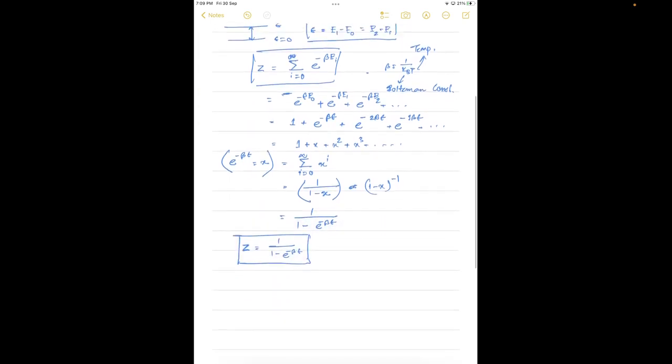To solve this question, you just have to remember the algebraic expression corresponding to this infinite series, which is 1 plus x plus x square plus x cube, and it goes on like this; the sum over i equal to 0 to infinity of x to the power i equals 1 minus x inverse. From this expression you can compute the partition function.